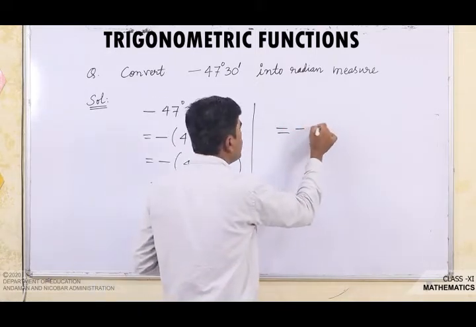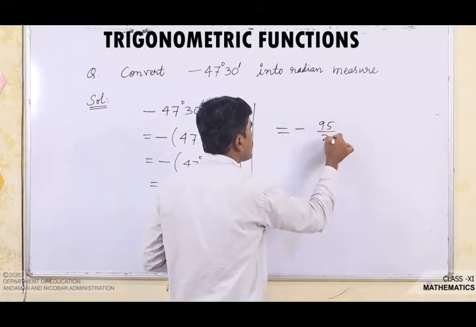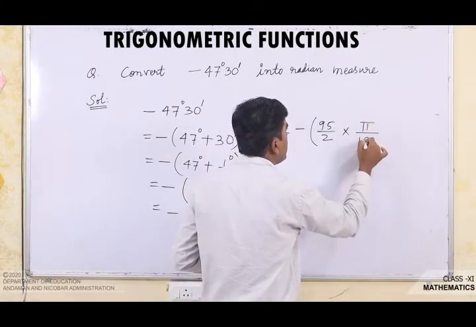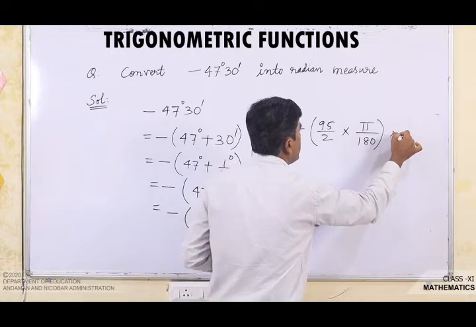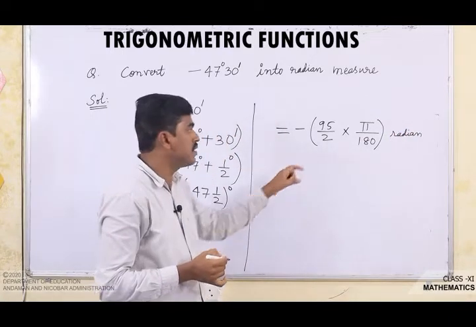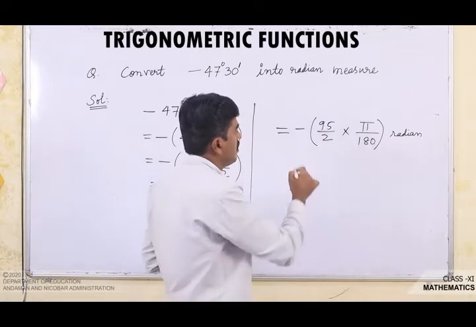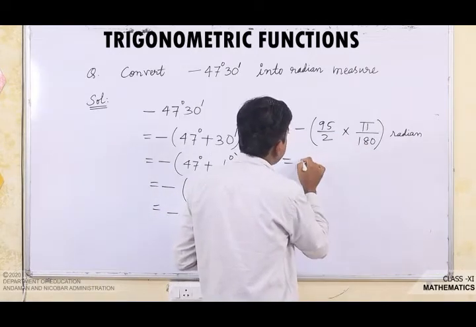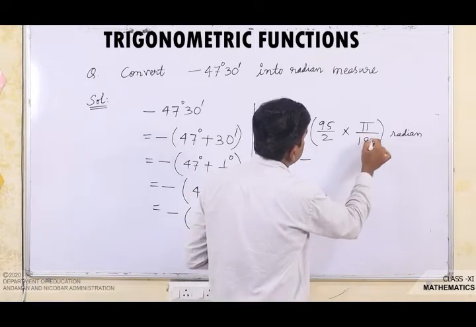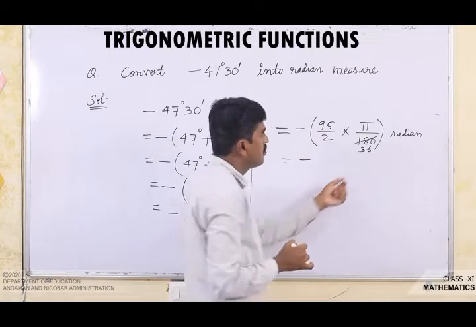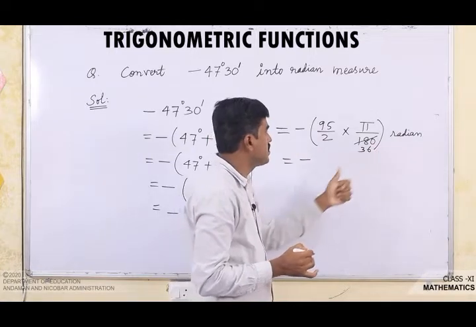So what we have to do, multiply it with 95 by 2 into pi by 180 radian. Now it is converted into radian by multiplying with pi by 180. Now cancel out, it is minus of, it will be 5 3s are 15, 5 6s are 30.